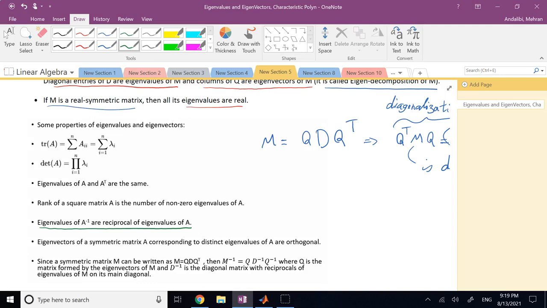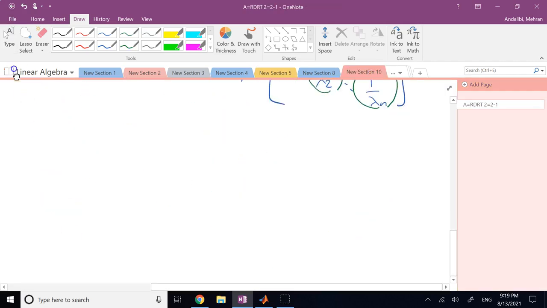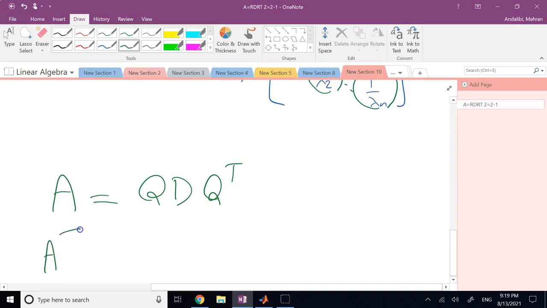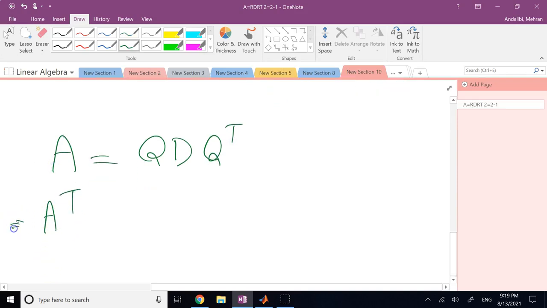And that is very, very nice. Some other theorems, it says eigenvalues of A and A transpose are the same. They are, because if A is Q D Q transpose, what is A transpose? Well, A transpose is the transpose of that whole thing. And you know, when you apply transpose to a product, it's going to transpose each and every one of them, but reverses the order.